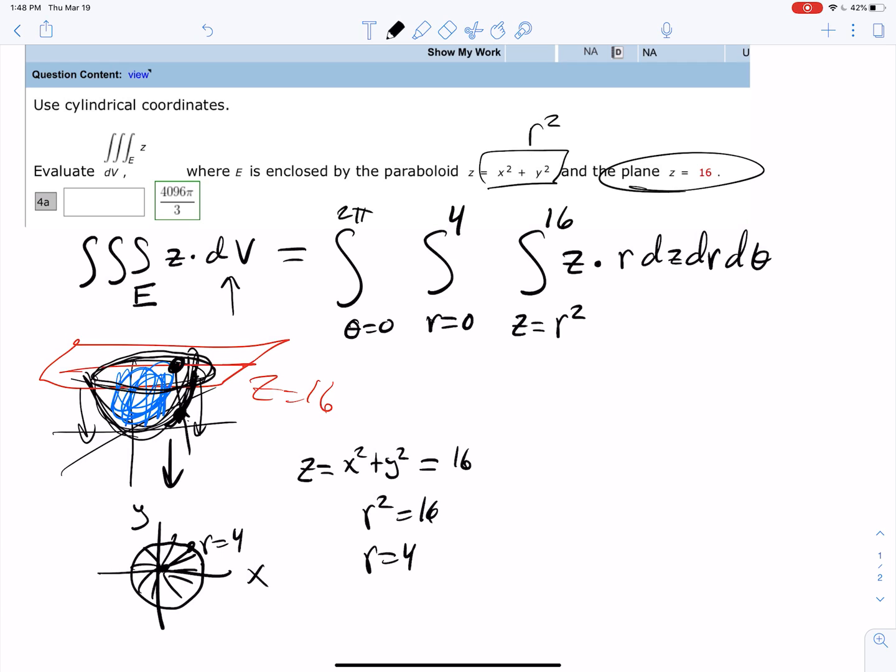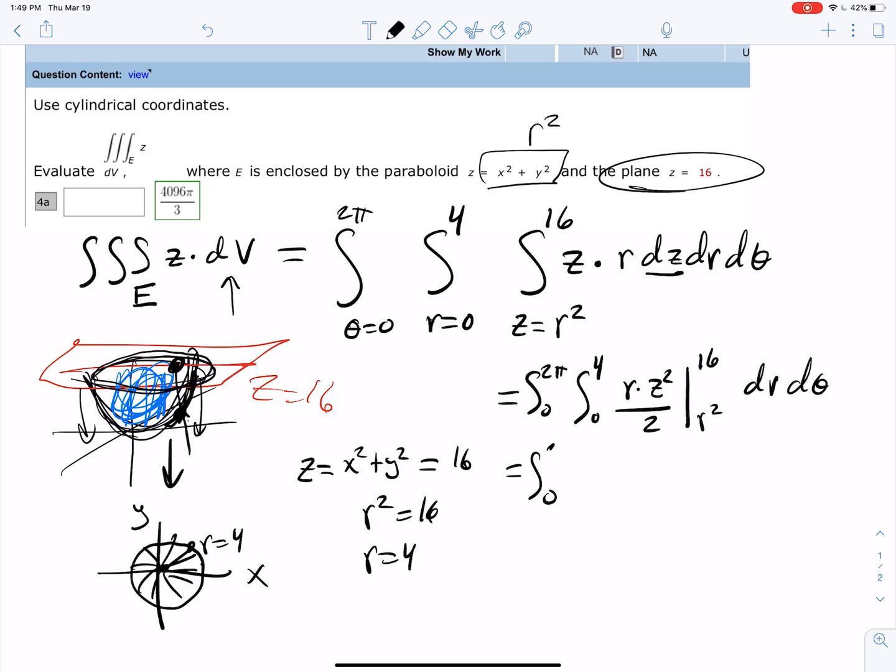So now I've got bounds and I've got an integral, and I can just work out what the integral is going to be. So let's see if we can do that here. Integrate 0 to 2 pi, integrate 0 to 4. And then dz, so the integral will be r times z squared over 2, evaluated from r squared to 16, dr d theta.